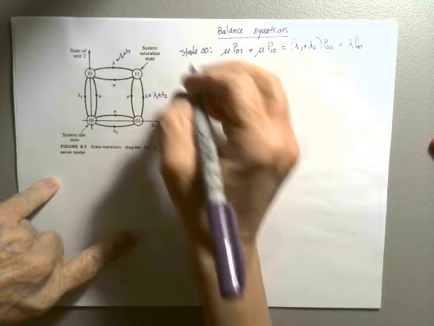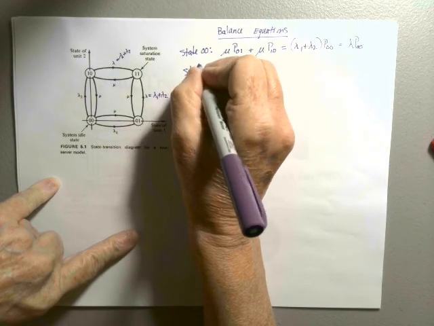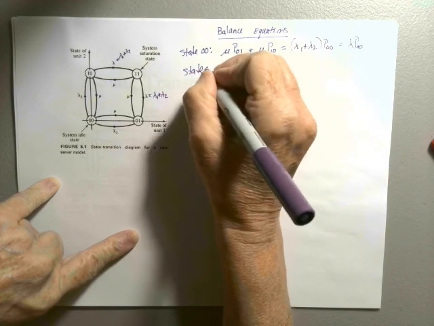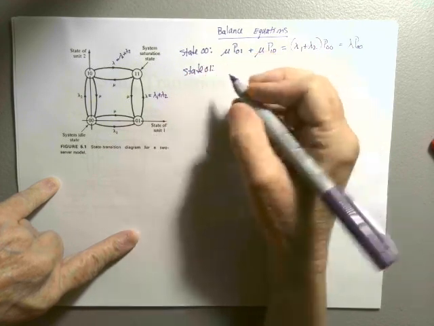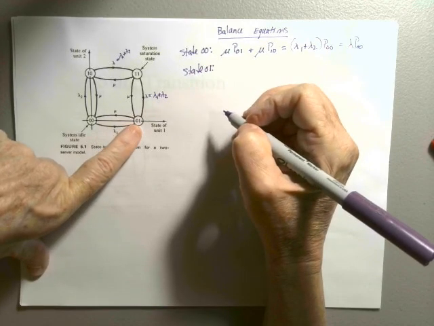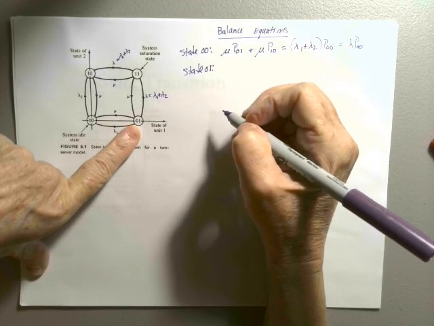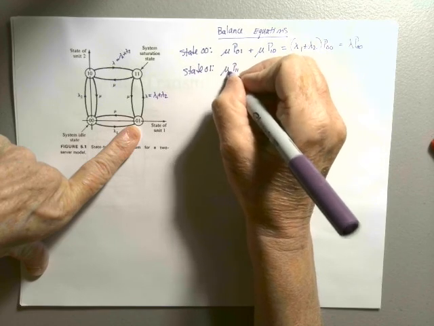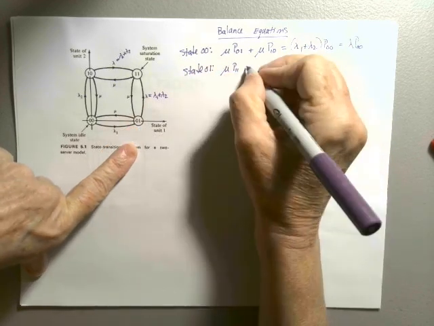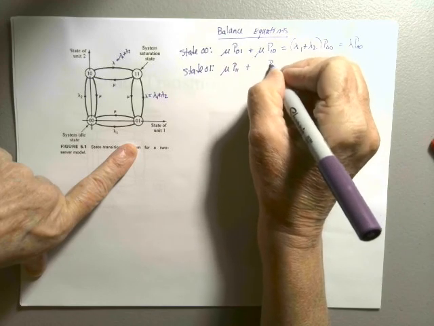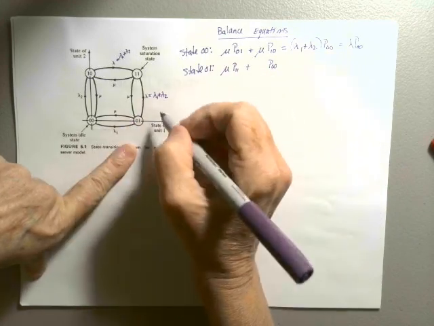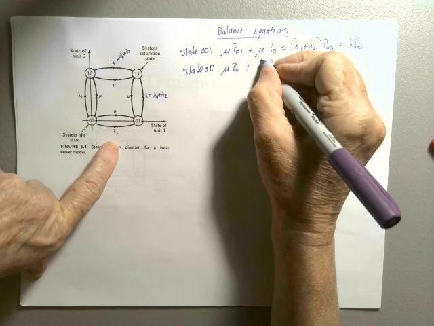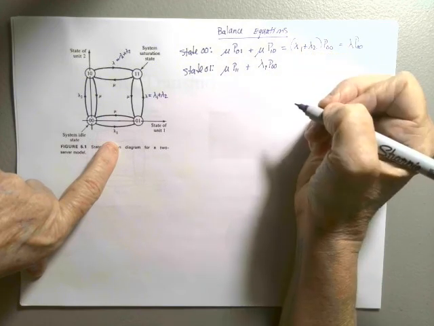All right, so let's move on to state 0, 1. The rate into state 0, 1 is I can be in state 1, 1 and have a service, or I can be in state 0, 0 right here and have an arrival, which would be lambda 1.